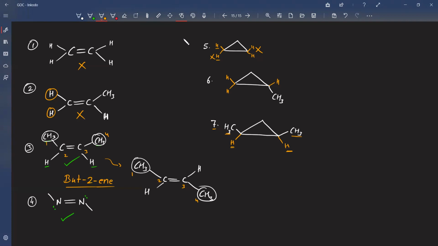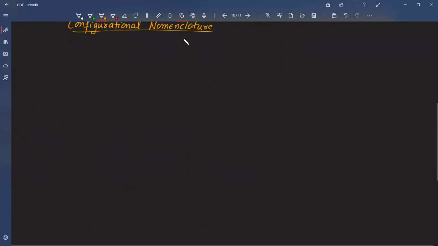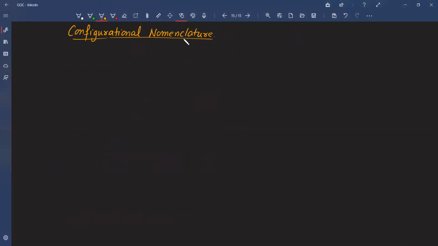But there should be a method to differentiate these two orientations. So that's why we have this new scheme of nomenclature called configurational nomenclature, obviously in case of geometrical isomers. There are actually three systems which we are going to follow here, and we are going to follow all three. It's not like only one of them is going to be used.